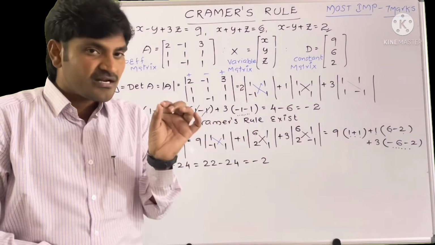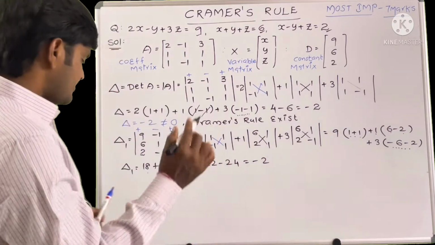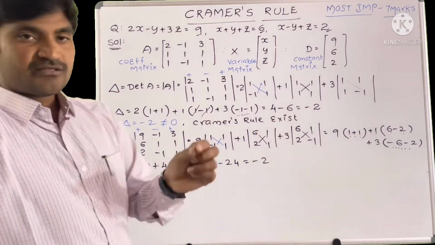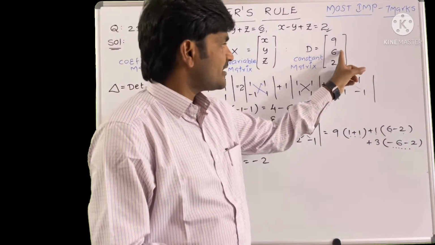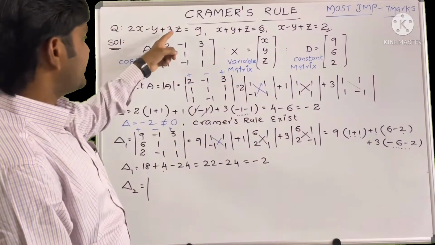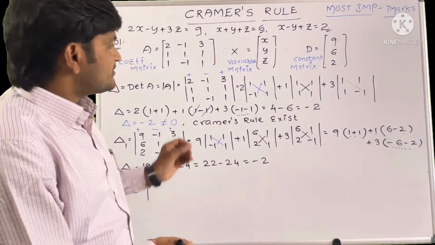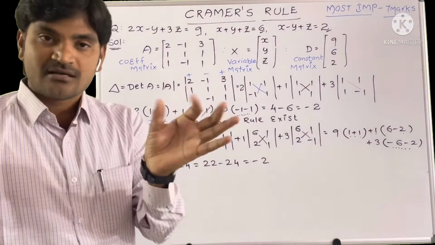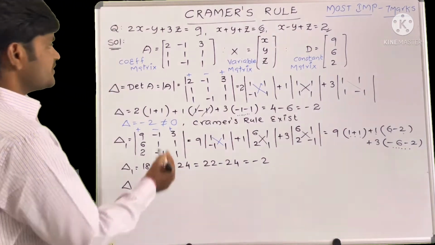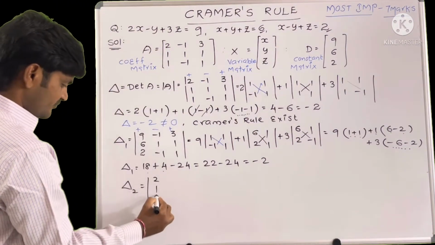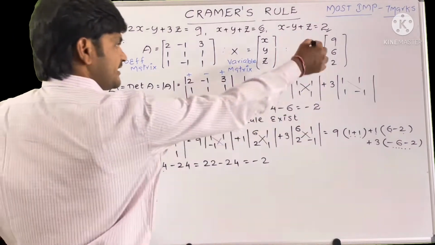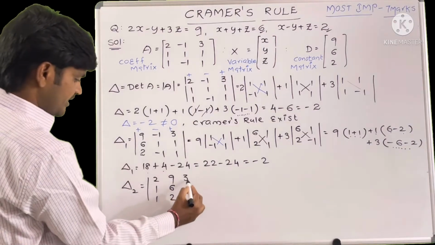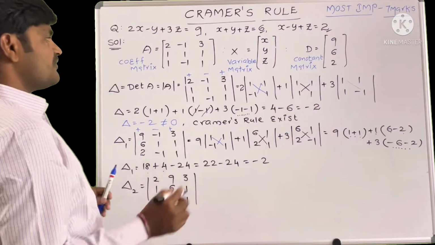Similarly, we find delta 2 and also delta 3. For delta 2, we replace 962 in the place of C2. Whenever we substitute 962 in the place of C2, that is called delta 2. So 211 as it is, 962 substituted at the place of C2, and the remaining C3 as it is, that is 311.